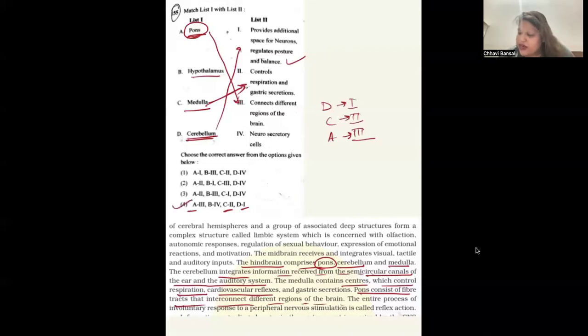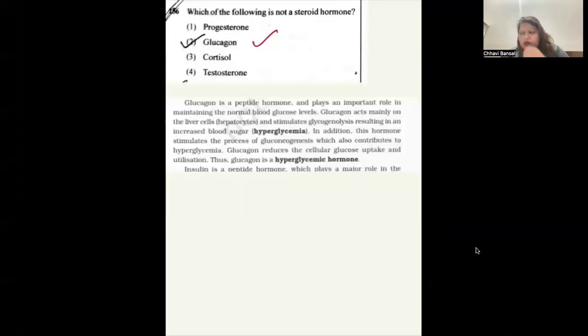It means hypothalamus has neurosecretory cells. That is quite obvious because hypothalamus releases its hormones for pituitary gland. So that's why hypothalamus has neurosecretory cells. See, this complete question can be solved if you even have read the summary of the NCERT. Clear? Let's go to the next question.